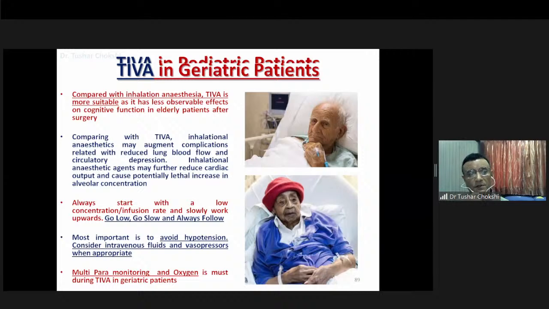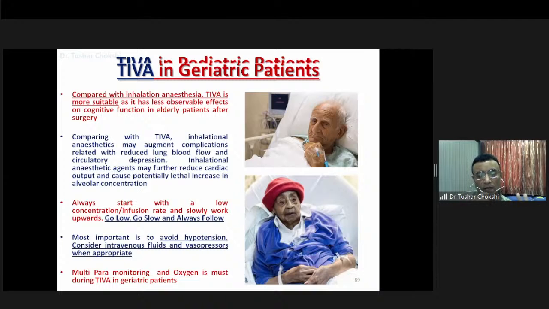TIVA in geriatric patients. Compared with inhalation agents, TIVA is more suitable as it has less adverse effect on cognitive function in elderly patients after surgery. My golden statement for using TCI or TIVA in your geriatric patient is go low, go slow, and always follow this if you are not using TCI machines. You give a very low dose of the drug, you give it very slowly, and always follow this regimen.